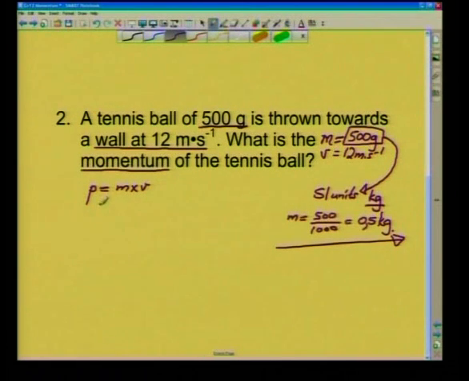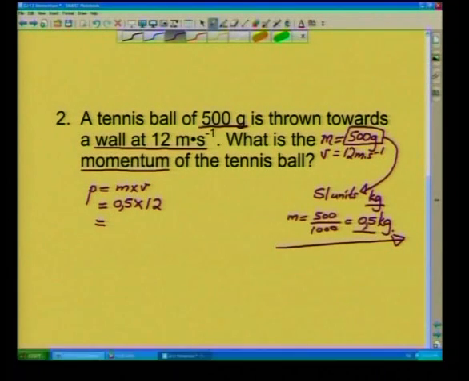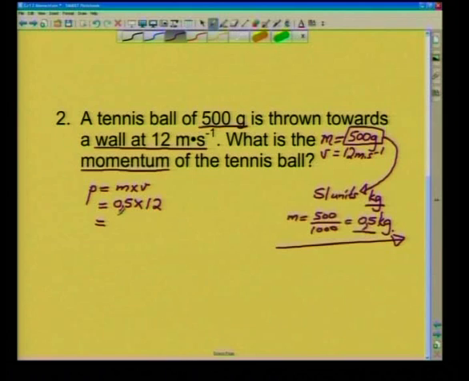It is then that we can substitute into the formula the correct value for mass, which is 0.5 times the velocity, which is 12. And that is what is going to be the answer here. Now, 0.5 times 12. This is half times 12. And half of 12 is what? 6. And this is going to be 6 kilograms meters per second.